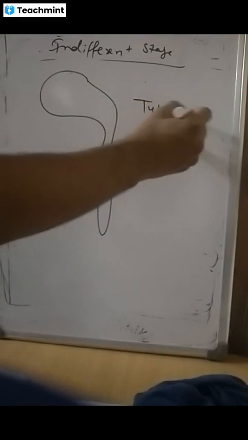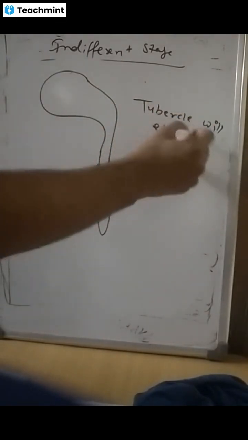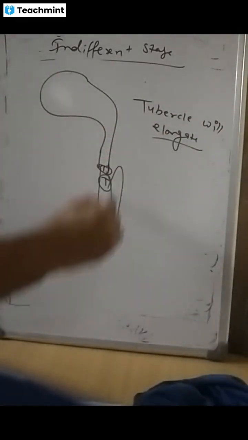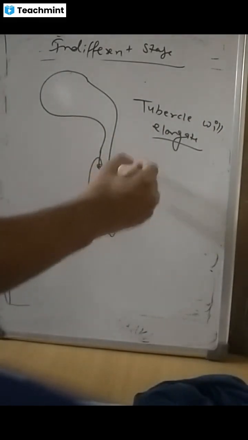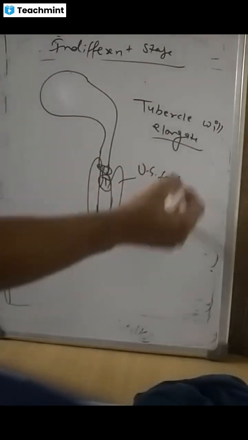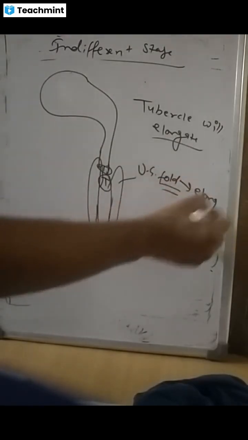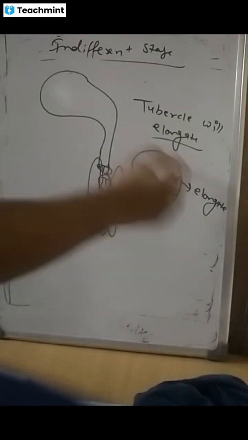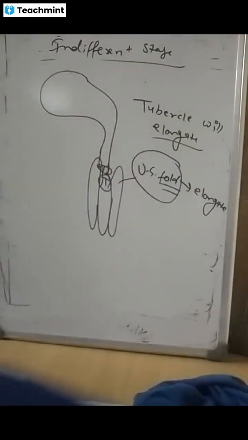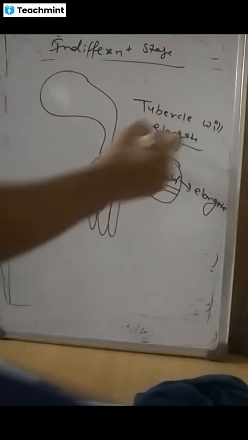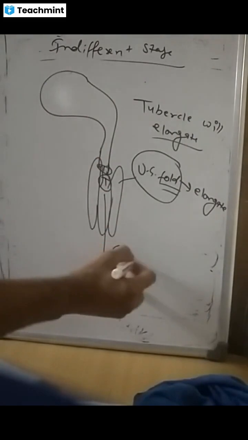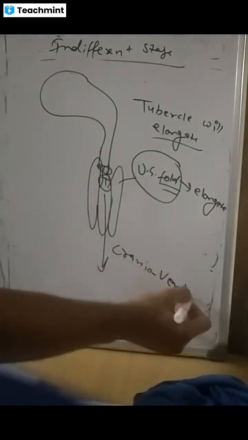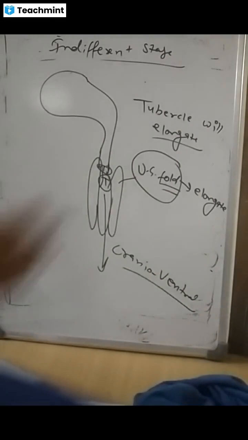The genital folds adjacent to it will also elongate. The tubercle will elongate in the cranial direction.